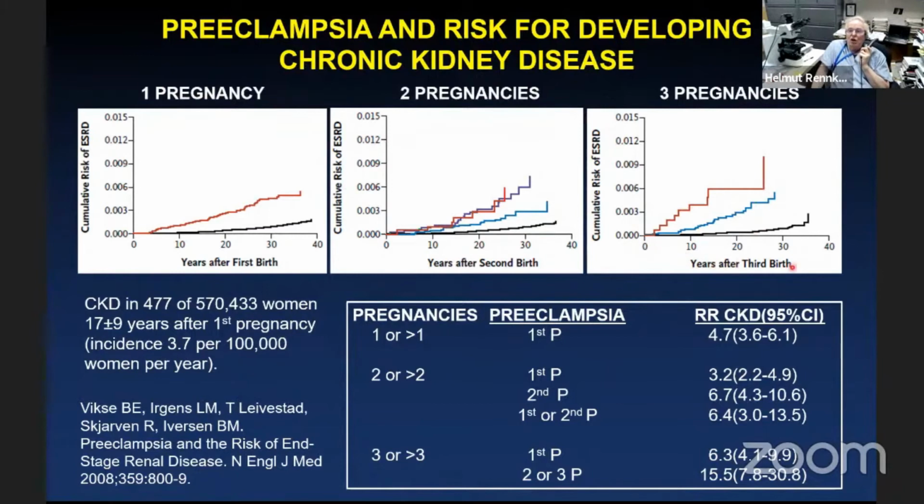Notice here 20 or 30 years after the episode of preeclampsia. So there is, of course, a lag time between that, and the placenta recapitulates very early on and very quickly the disease that happens in the kidney long term.